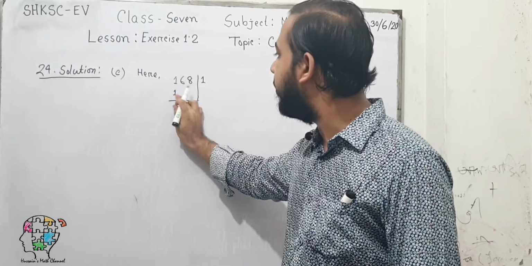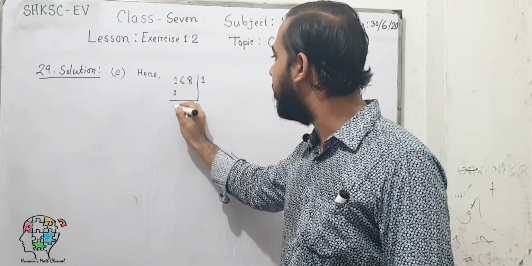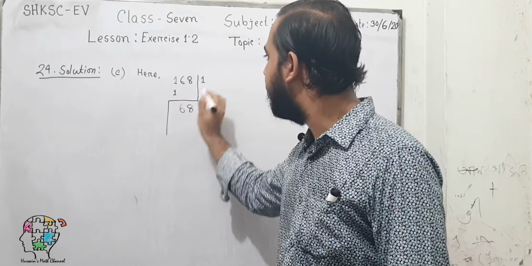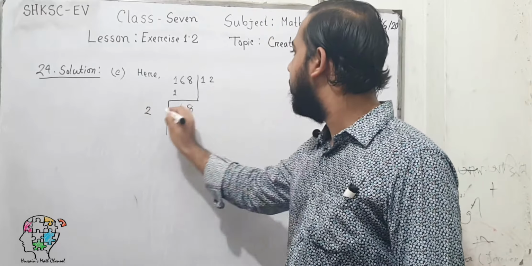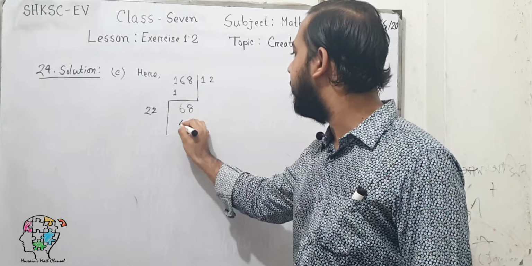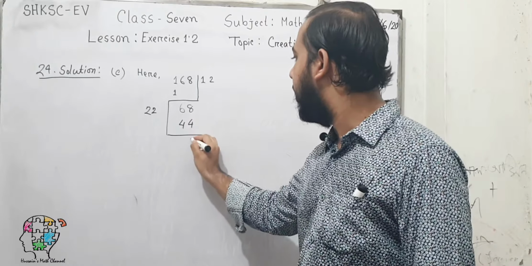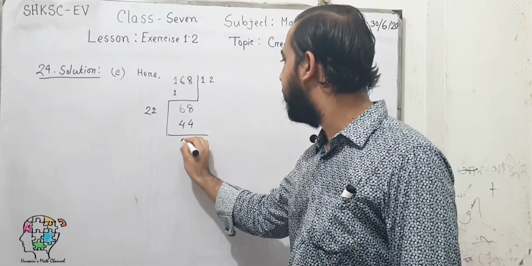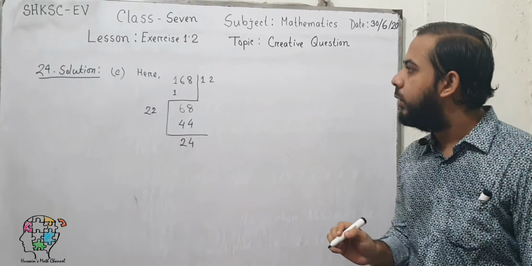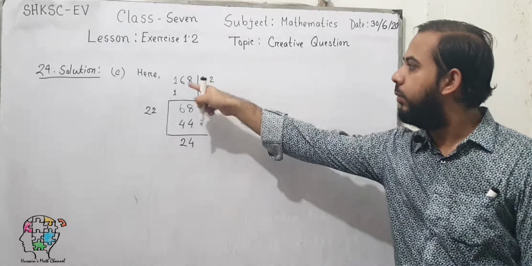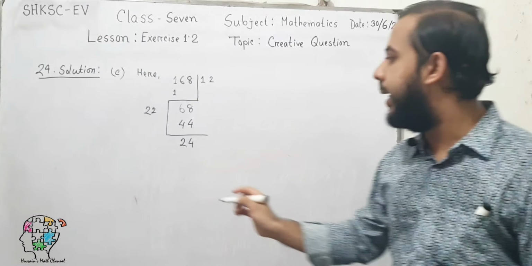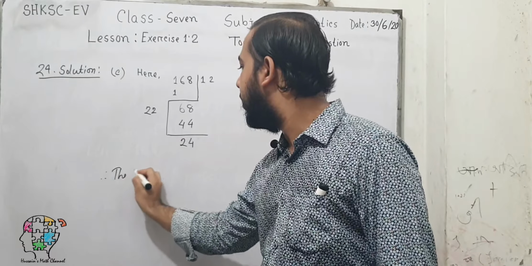At first we have to check whether it is a perfect square number or not. So clearly 168 is between 144 and 169.